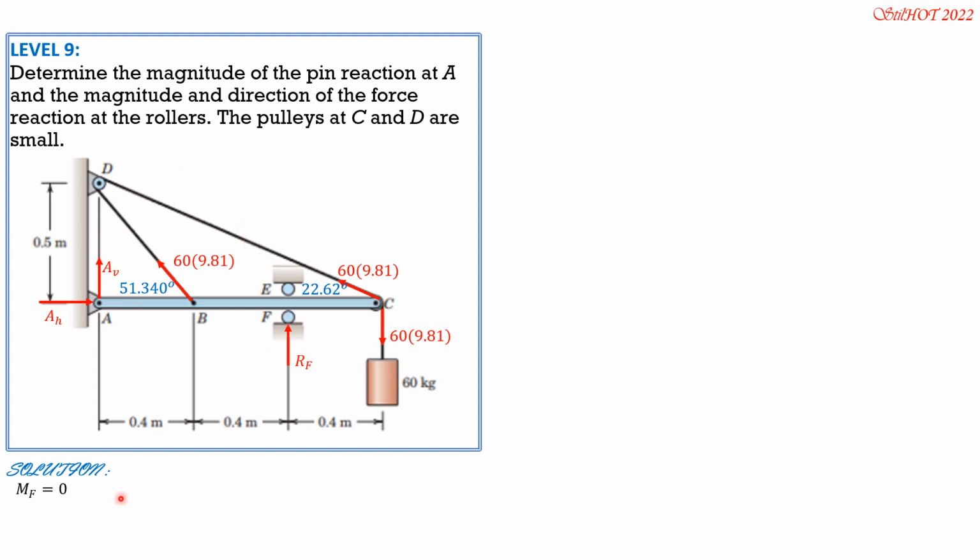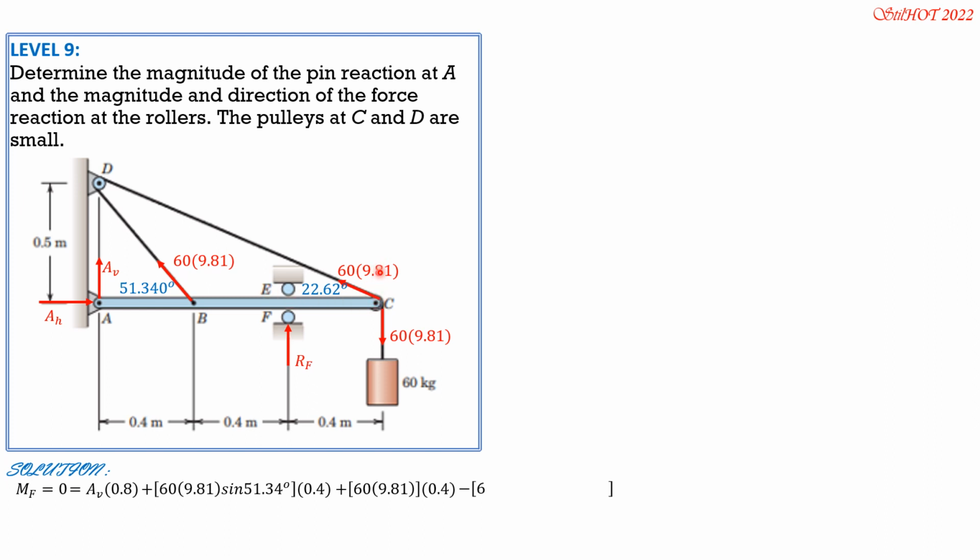So first, to solve for AV, moment at F equals 0, clockwise positive, so equals AV times 0.8. This tension has two components, horizontal, which passes through F, so no moment, and the vertical, which is 60 times 9.81 sine of 51.34, and it is clockwise, so times 0.4, plus 60 times 9.81 sine of 51.34 times 0.4, then plus 60 times 9.81 times 0.4, then minus the vertical component of this tension because the horizontal passes through F also.